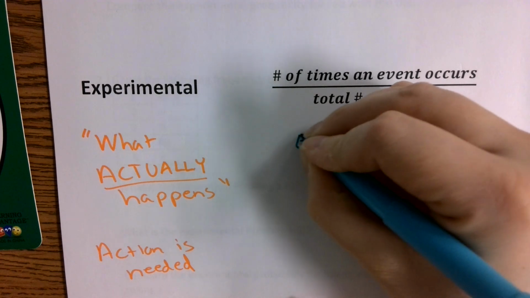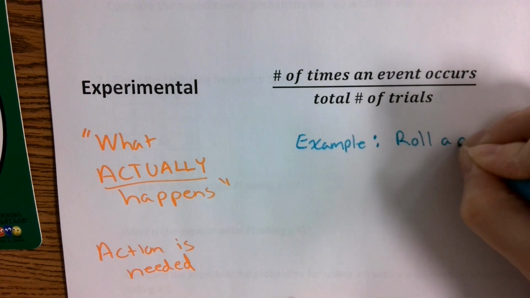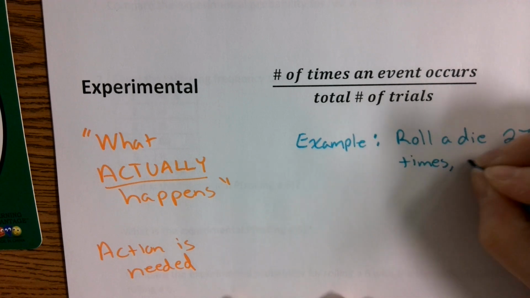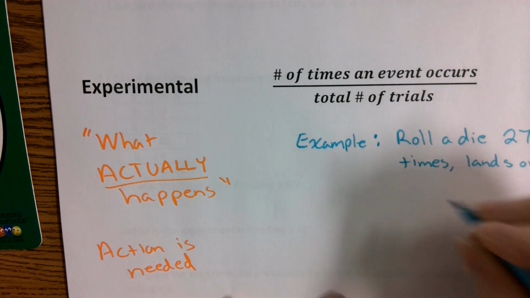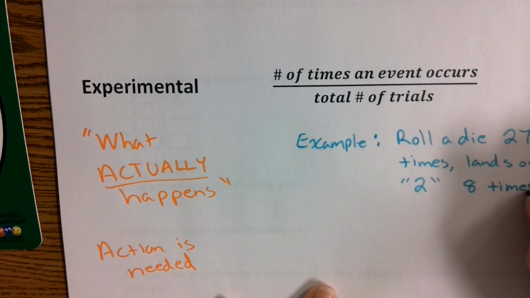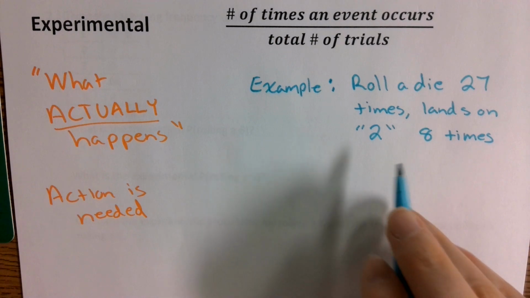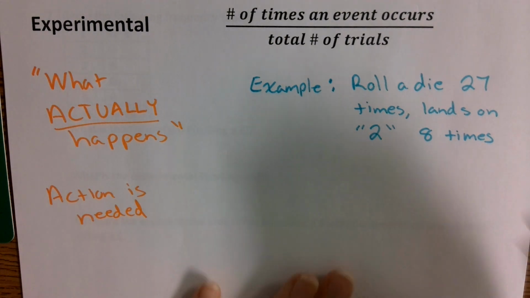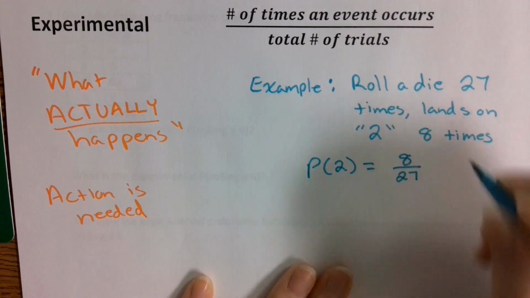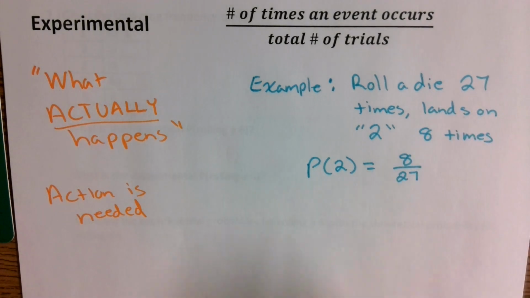So for example, I'm going to roll a die 27 times, and it lands on the 2 8 times. So the probability that it's going to land on a 2 is 8 out of 27. 8 times that it landed on a 2 out of 27 different trials.